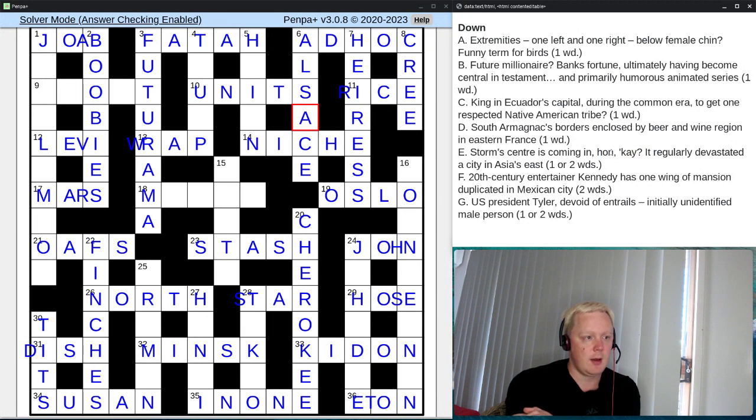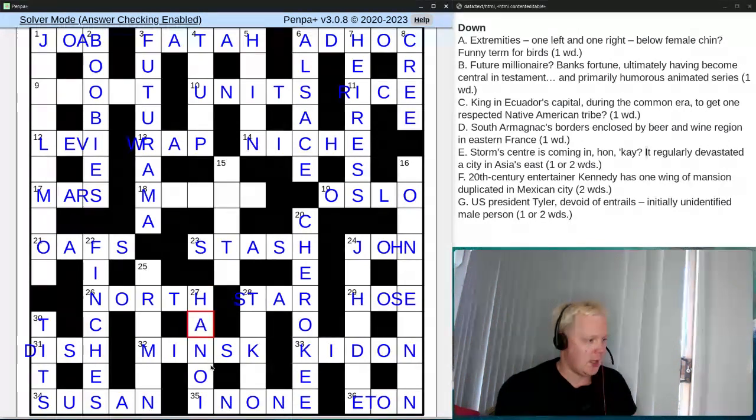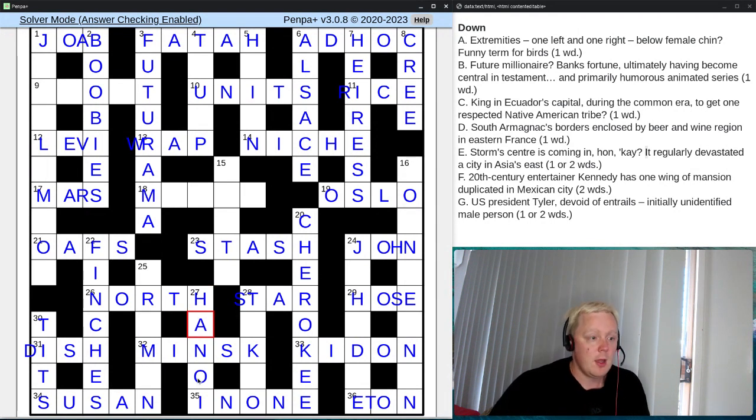H, N, A, and I. H and A, I, anagrammed with an O inside it. Now we looked at this briefly, like I pointed out that there aren't many words that fit here. Now the word Hanoi fits here. That is a city in Asia's east. So we put an O inside H-A-N-I, and we get Hanoi. So that is one of the answers.